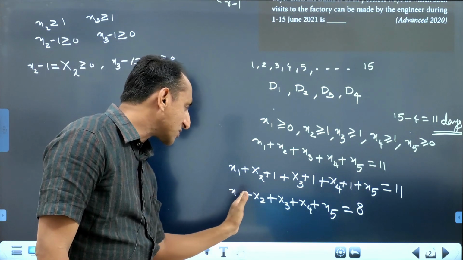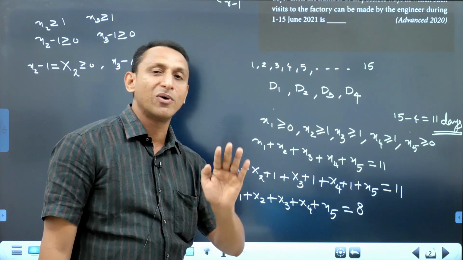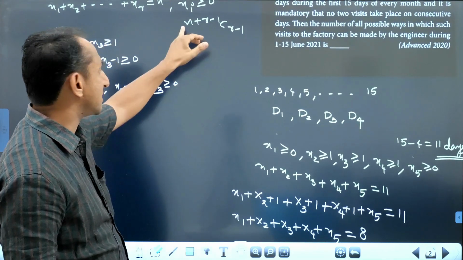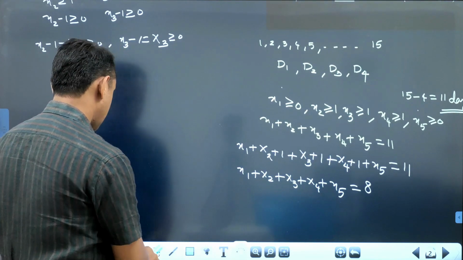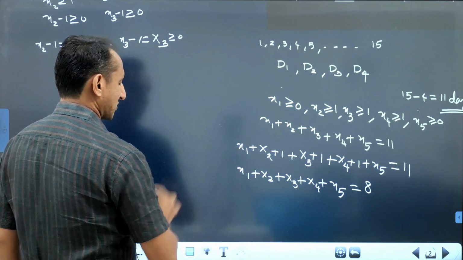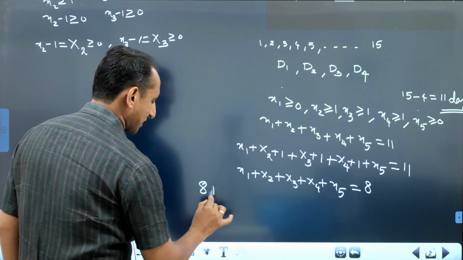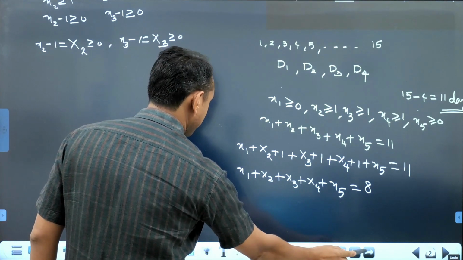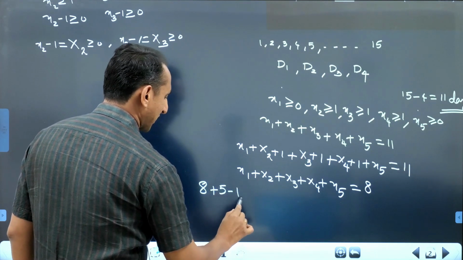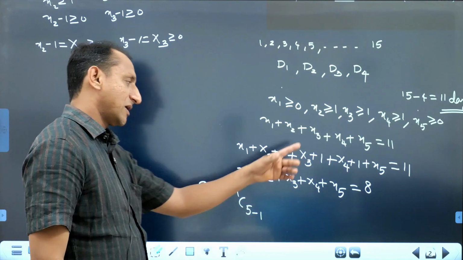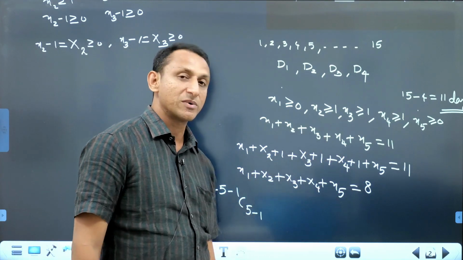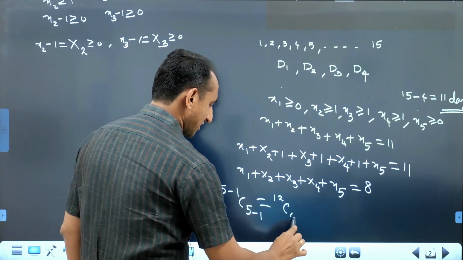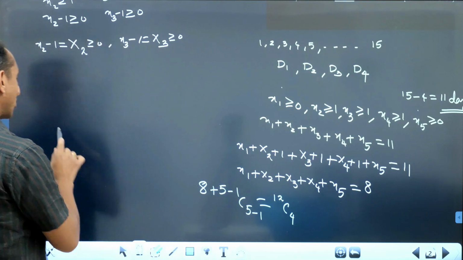Each of the variables is greater than or equal to 0, so we must apply this result. The number of solutions is 8 plus 5 minus 1 C 5 minus 1. Here n is 8 and r is 5. Simplify this: 12 C4.